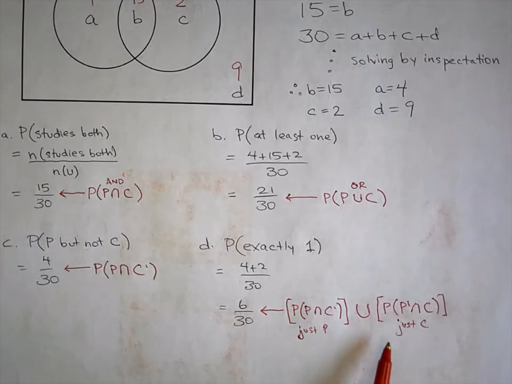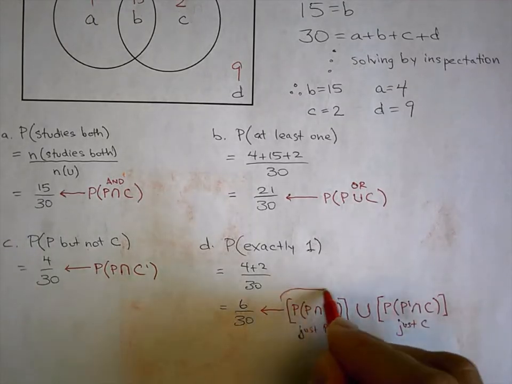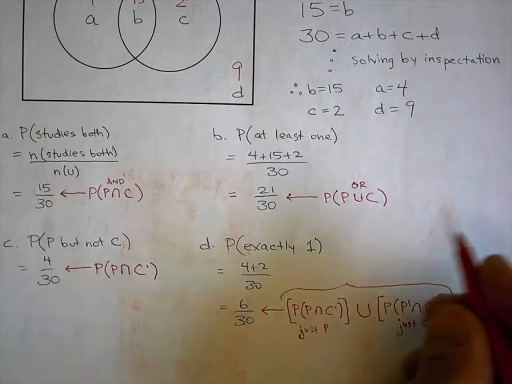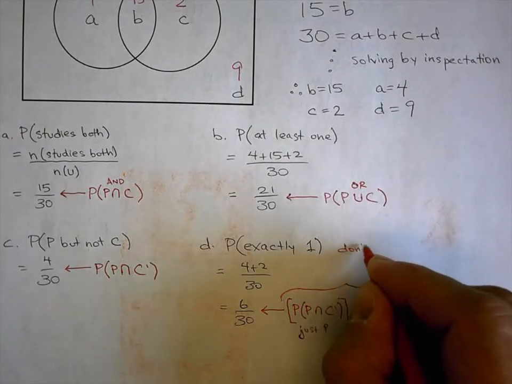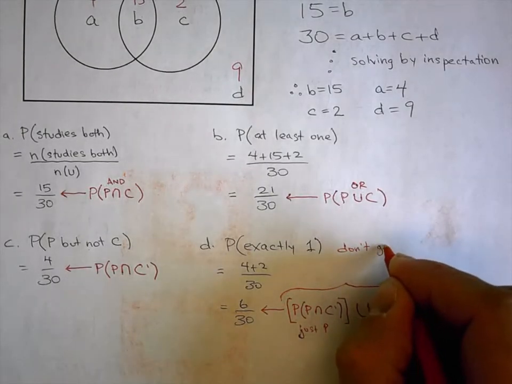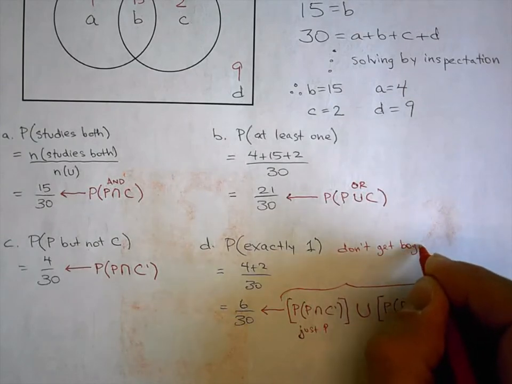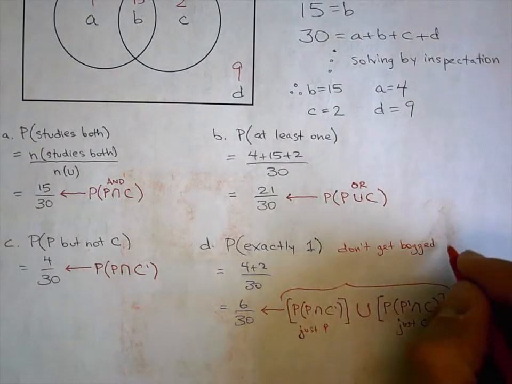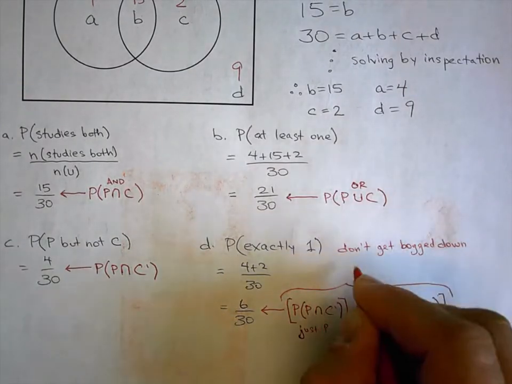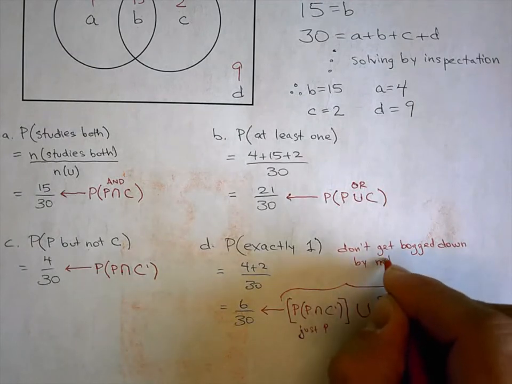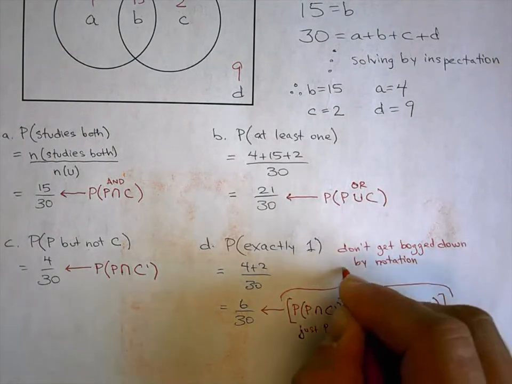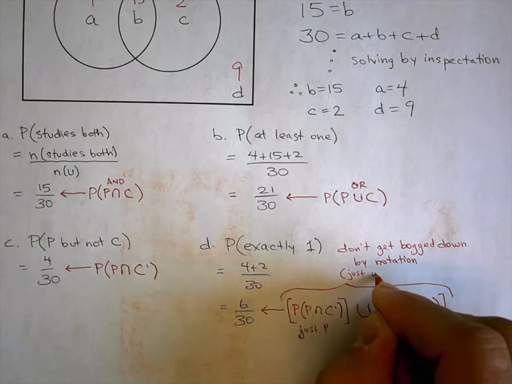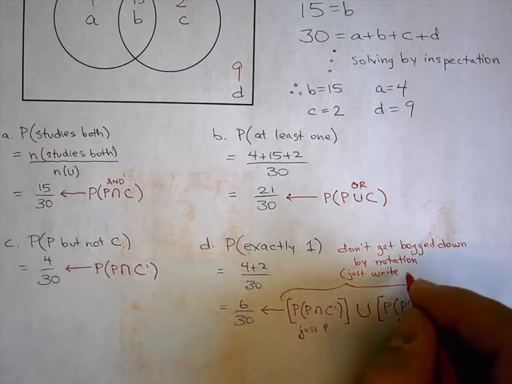That's what they mean by don't get bogged down in the notation. Right? This question, if you worried about writing perfect notation, you would spend your whole day worrying about that and you wouldn't get the right answer. So don't get bogged down by notation. Just write numbers.